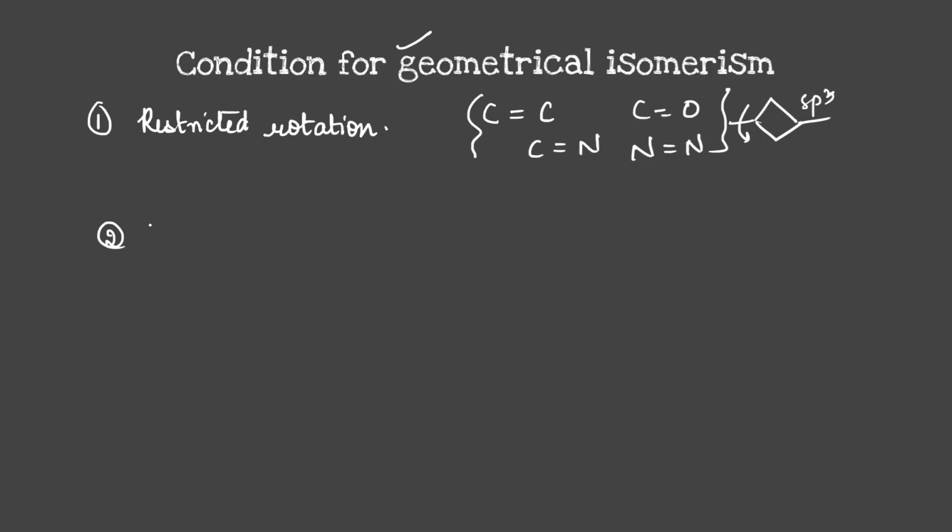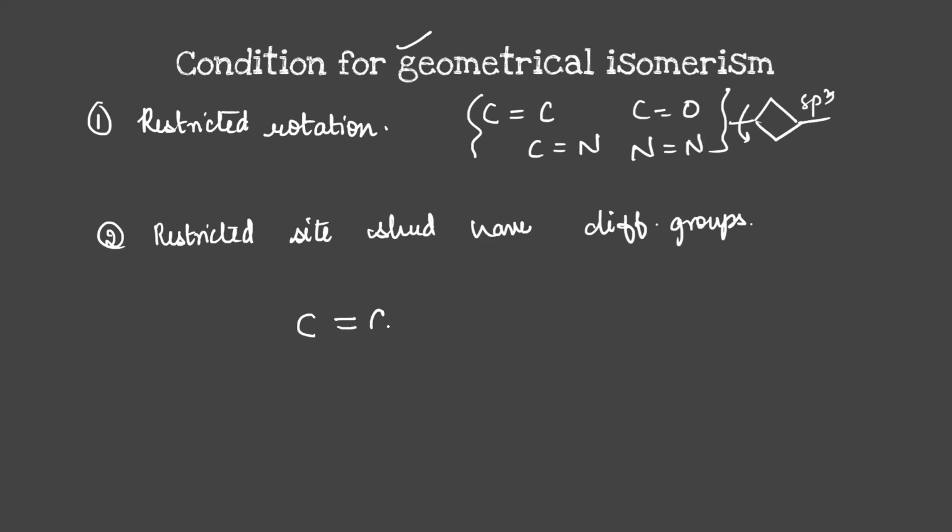Now, the second and important condition for showing geometrical isomerism is that the restricted site should have different groups. What do I mean by that?